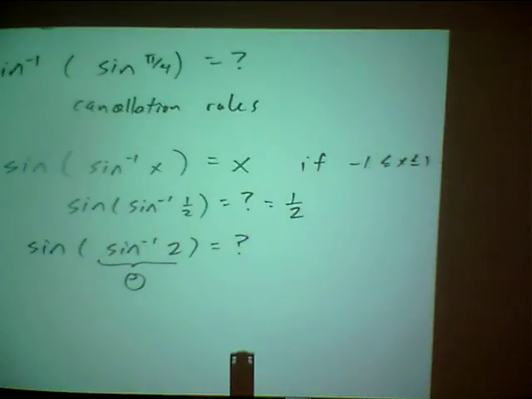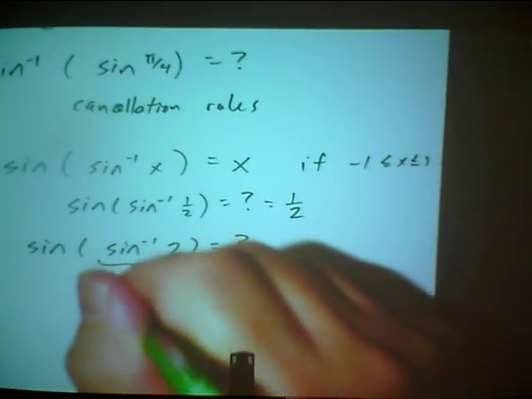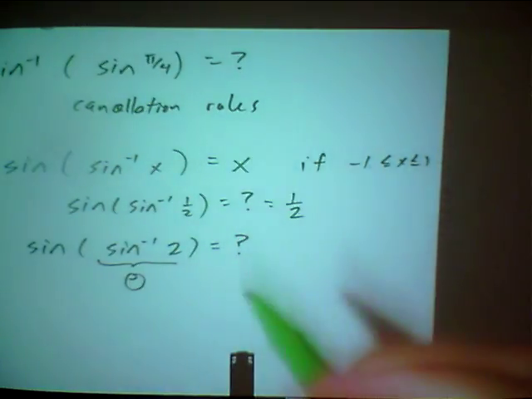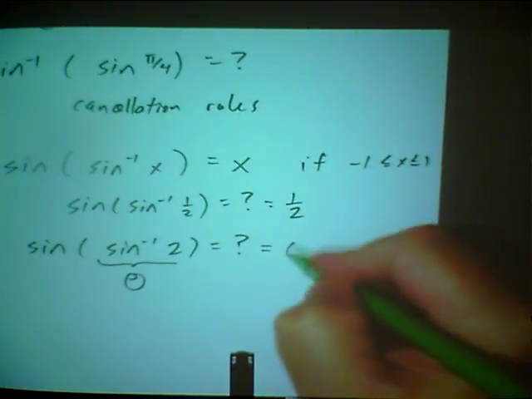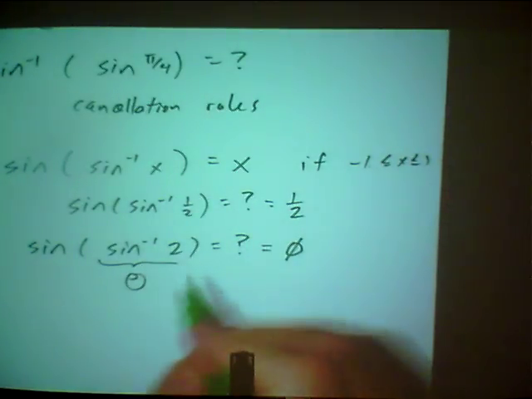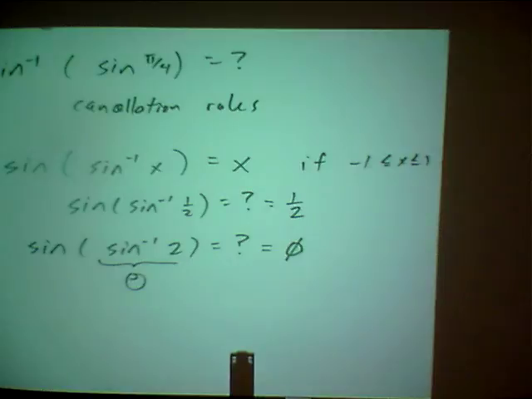And then hopefully you quickly realize that whenever you take the sine of any kind of angle, the answer is always going to be between -1 and 1. There is no angle out there that's going to give me a sine of 2. So in this case, there's actually no solution. This inverse sine of 2 is impossible. So I just stop and say, there is no solution.